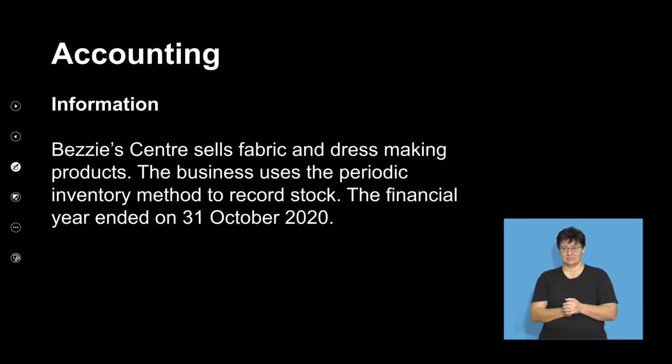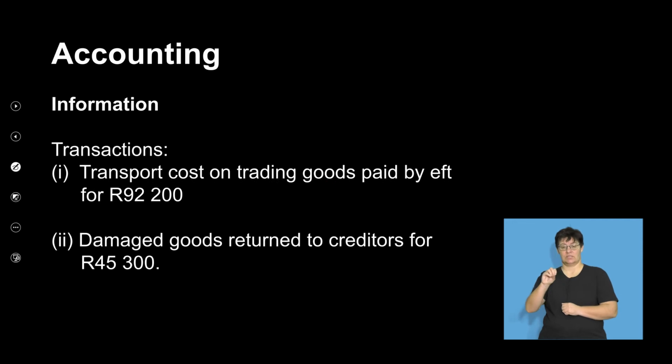Right, let's move on with the question, and it says here, Bezzy Center sells fabric and dressmaking products. The business uses the periodic inventory system, so they are using the periodic inventory system to record the stock. The financial year end is the 31st of October 2020. Transaction number 1. Transport cost on trading goods paid by EFT amounted to 92,200, right?